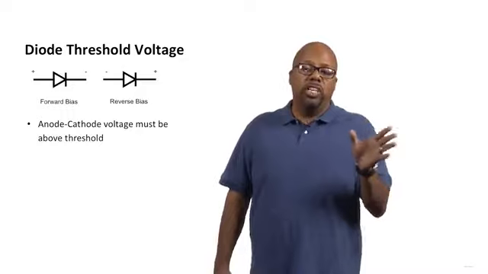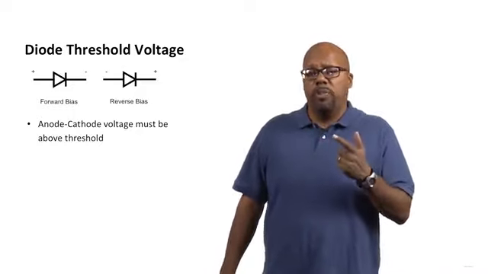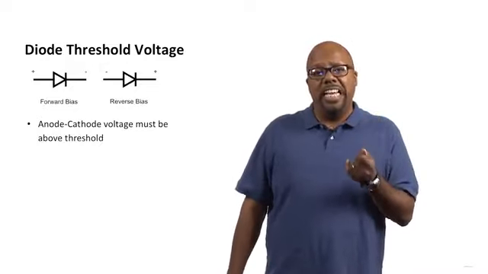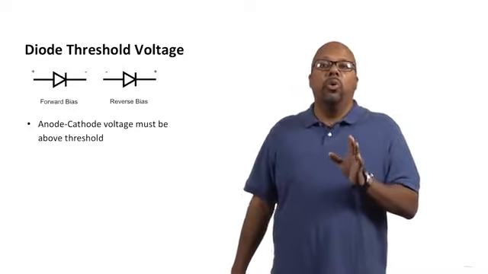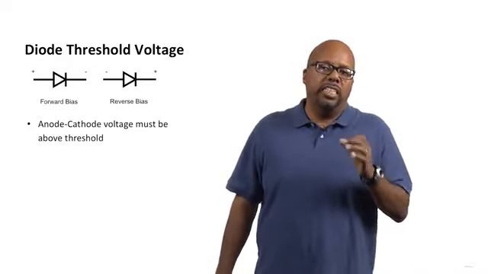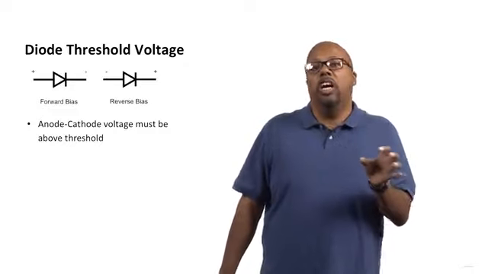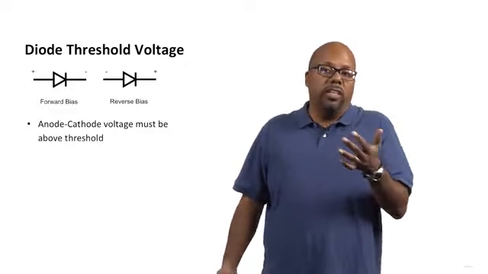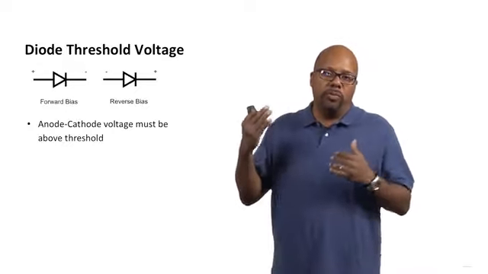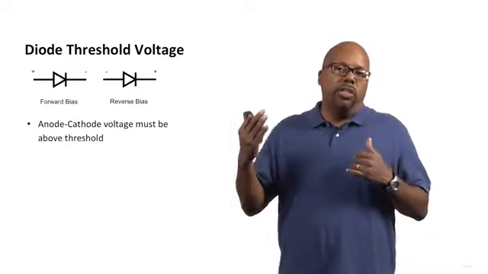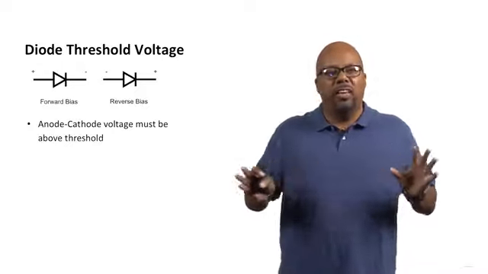Now, on the left side, we've got forward bias. On the right, we've got reverse bias. In reverse bias, we took the anode and made it negative with respect to the cathode. In reverse biasing, we will get no current flow, typically, until the difference in voltage is so large that it overcomes the reverse bias. Eventually, if you push enough voltage, if there's enough voltage difference between the cathode and the anode, you will get current flow, but not at the levels that we're dealing with.